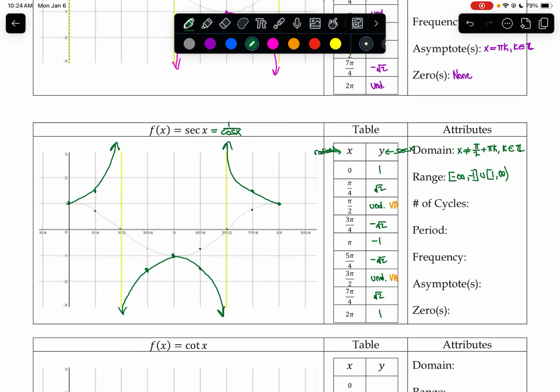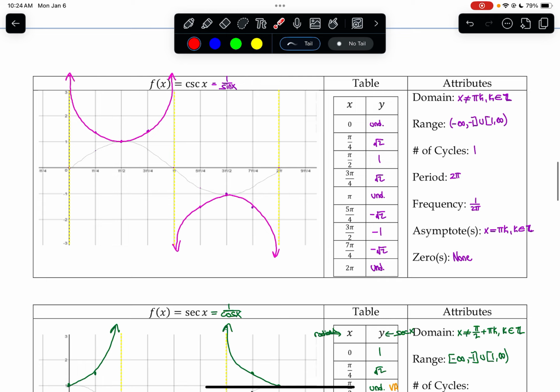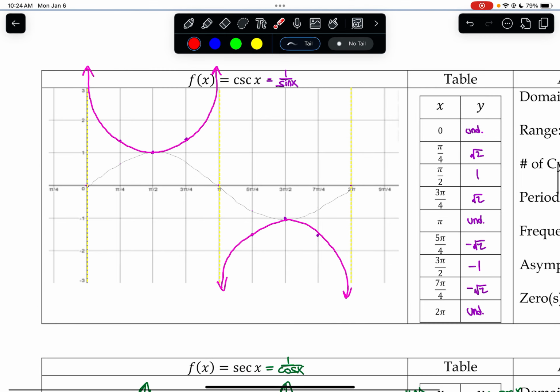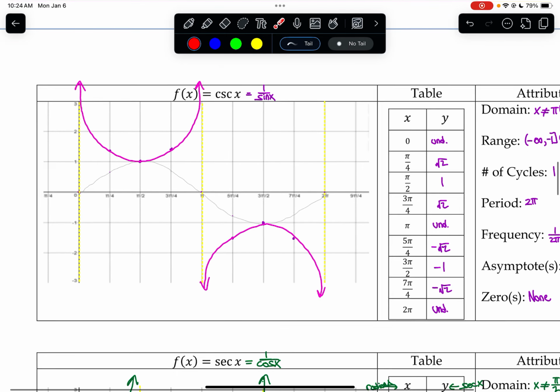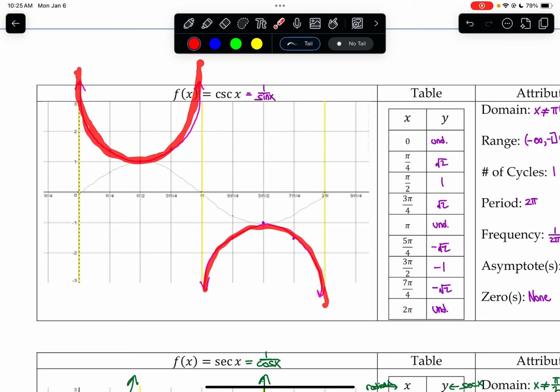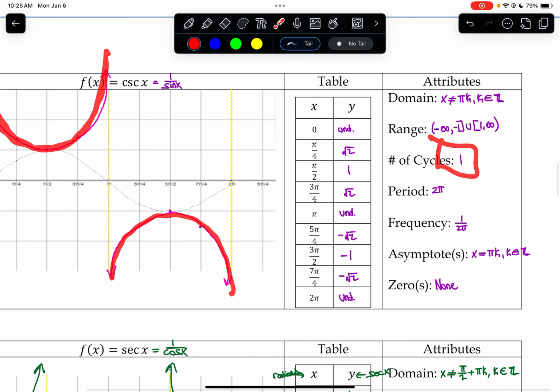All right, so now for the number of cycles, I'm going to reference this back up here with cosecant. I think it'll be a little bit easier. So 1 negative and 1 positive bowl, which I should have talked about up here, is going to equate to 1 complete cycle. So that's why over here, when we did the number of cycles, we just did 1.